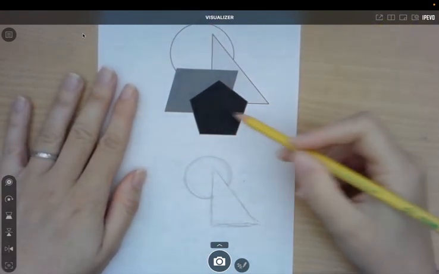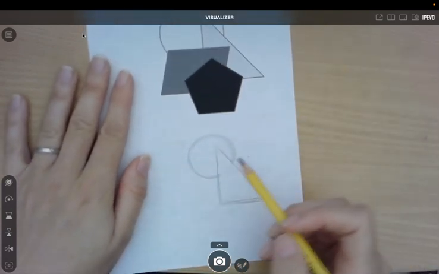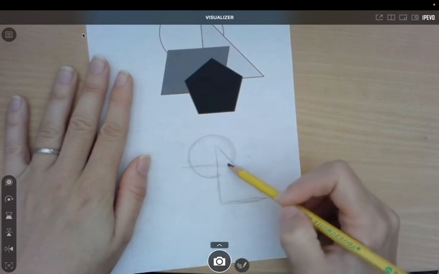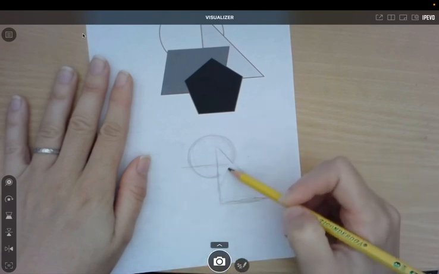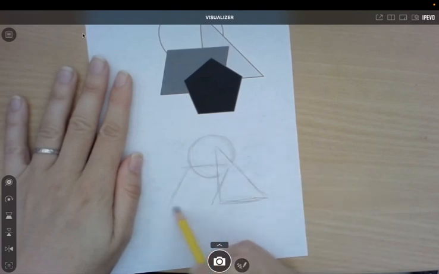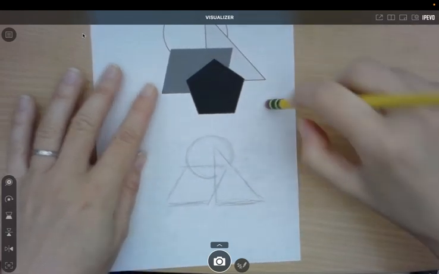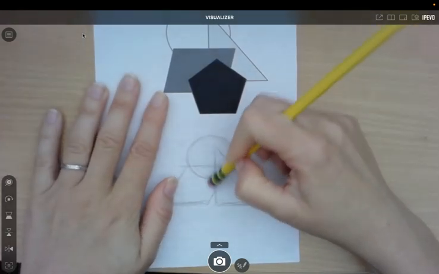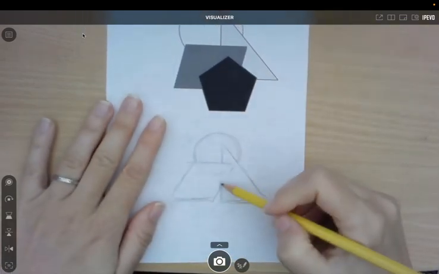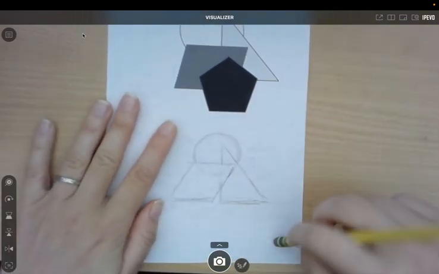Now I have a triangle that overlaps the circle, which I see here. Then we have this, oh geez, what is this thing called? It's some sort of parallelogram. Okay, and it blocks out a piece of the circle and the triangle. Almost. Oh, I kind of did erase the wrong spot, but that's okay.